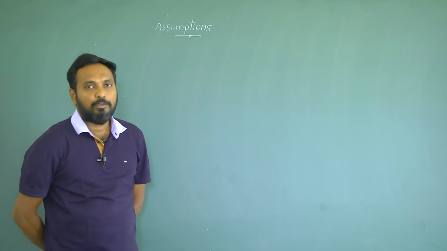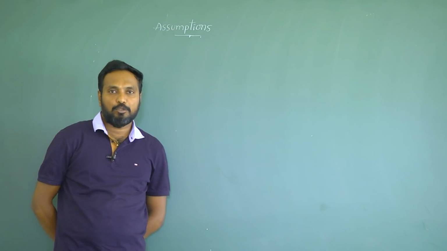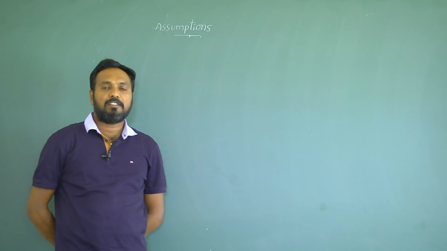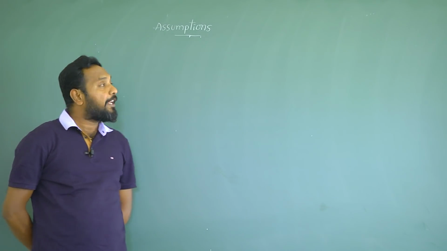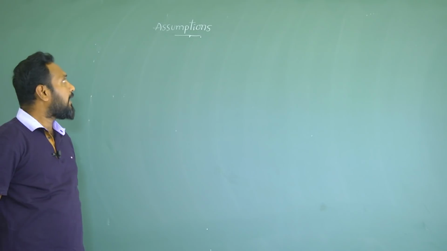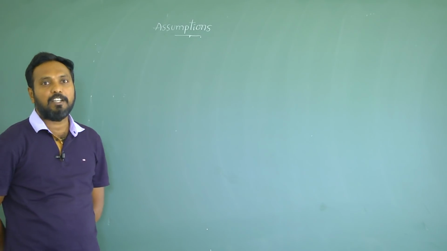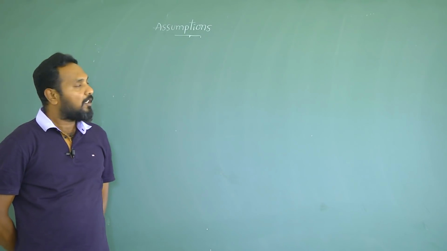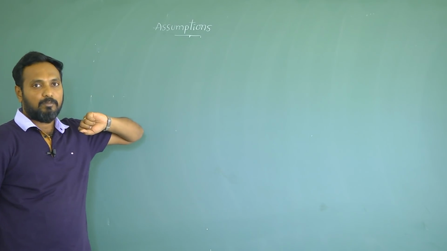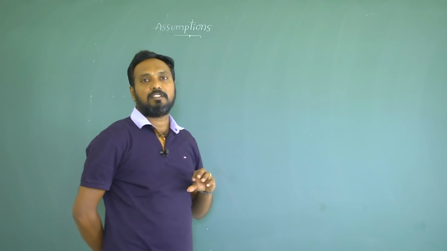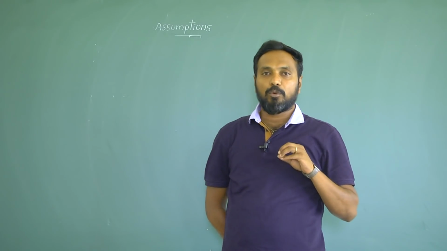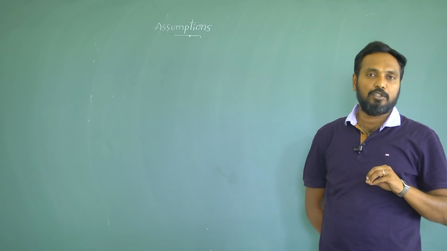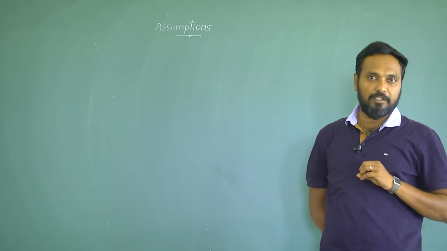After completion of the problems of exercise 2.1, before starting the problems of exercise 2.2, we need to remember this part of assumptions. In this part, for some functions, if we don't take any assumption, it will be very difficult for us to simplify them.